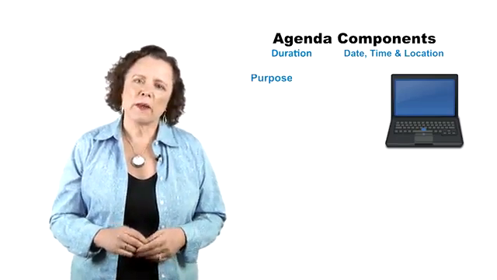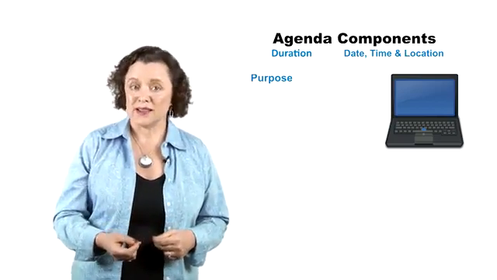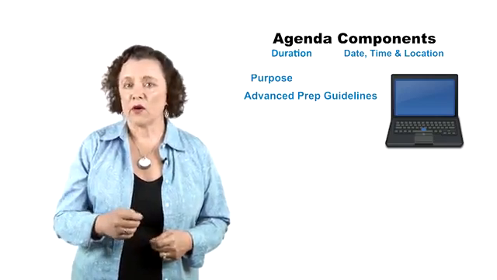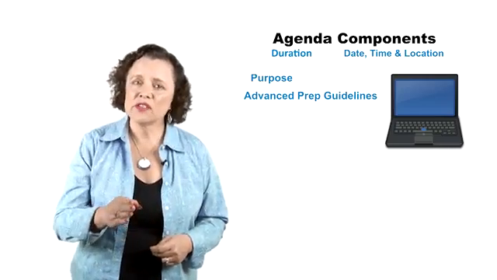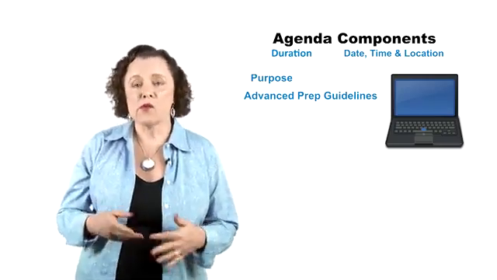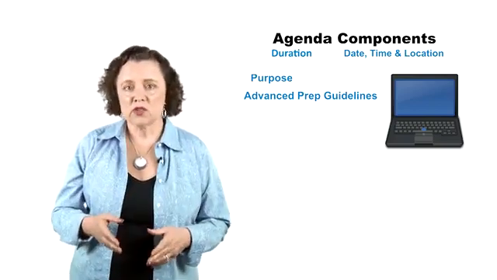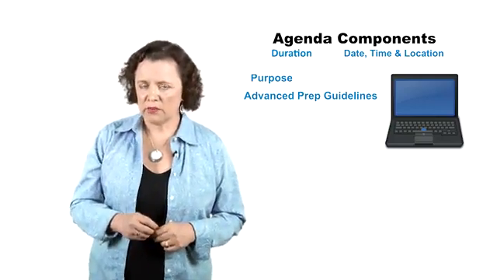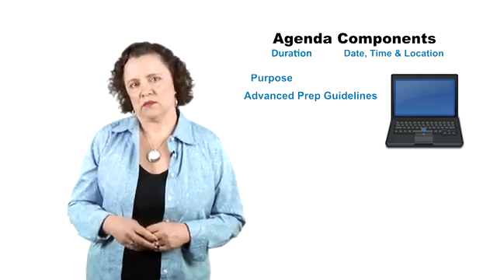Also, be very clear about the purpose of the meeting, and be sure that agenda items are directly related to that purpose. Attendees will be much better prepared if they are also provided with advanced preparation guidelines. If there is an expectation that one of the attendees will update the others on a program or initiative, or if a decision needs to be made regarding an expenditure or program change, ask those attendees to bring necessary information, any data, reports, or updates to the meeting.